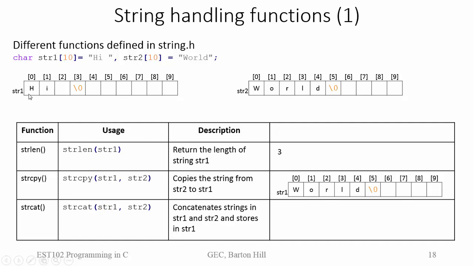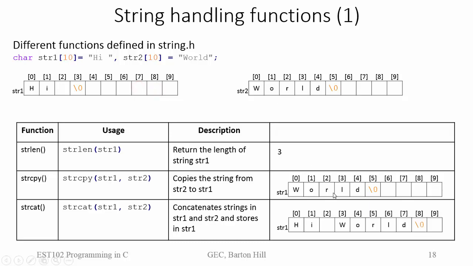First it will go through the content in str1, that is "hi " and space. Then when it reaches the null character, it will copy the content from str2 to here. So w will come here, then o will come here, r will come here, l will come here, d will come here, and then the null character will be copied here. Okay, so this is how the strcat function works.